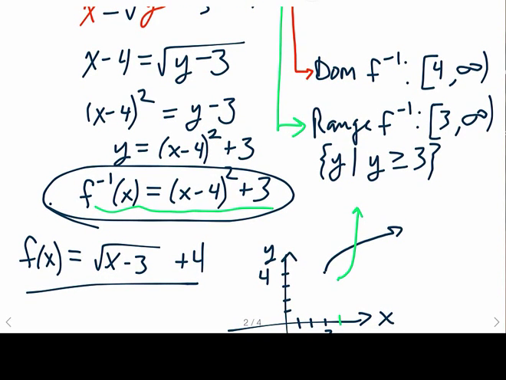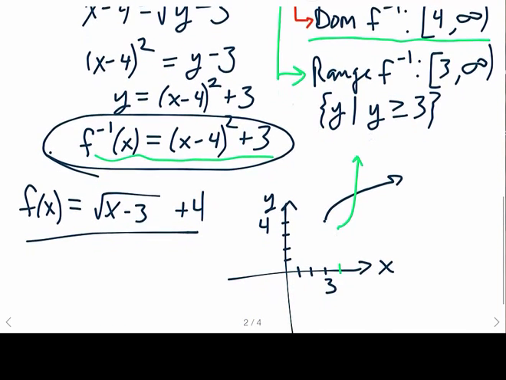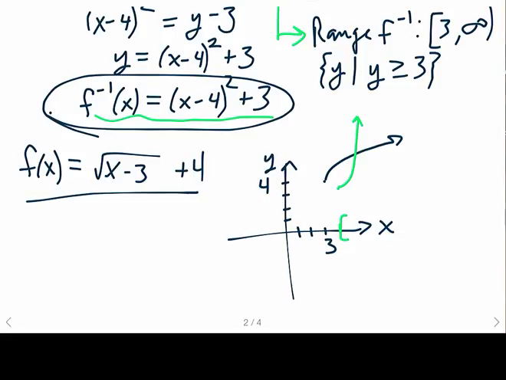The domain of f inverse starts at 4 and then goes on to infinity. Therefore, the graph has to start at 4 and continue on to the right. There is no graph to the left, because if there was, we would have something that's not one-to-one, and now we have problems with the whole inverse situation. As they sit now, both f and f inverse are one-to-one functions, and they are inverses of each other.